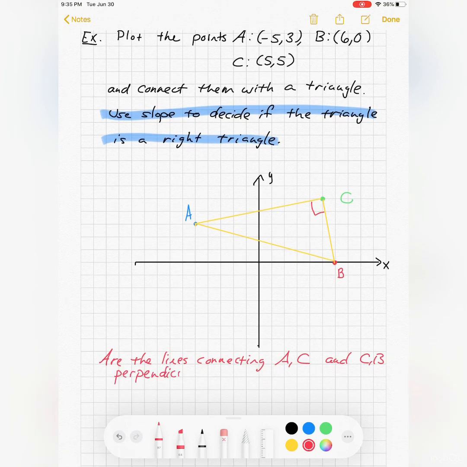That's what the question is really asking, right? Because we want to know if the line connecting A and C and the line connecting C and B meet at a right angle, right?